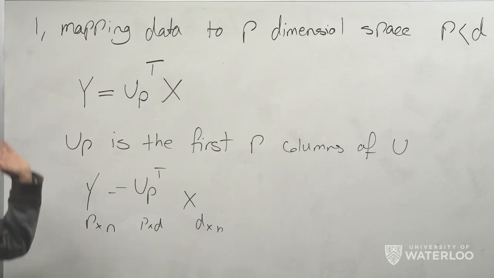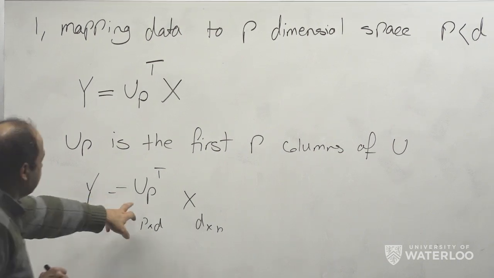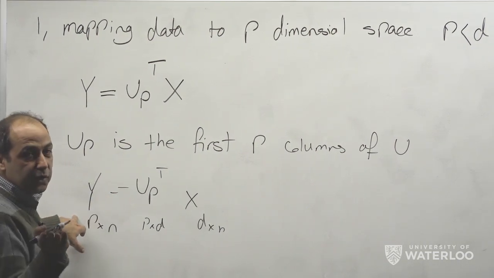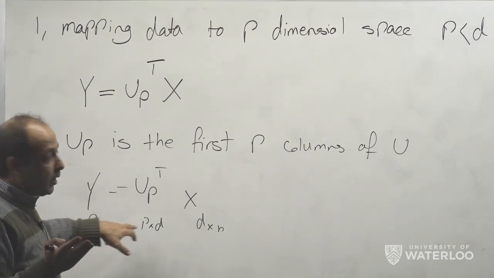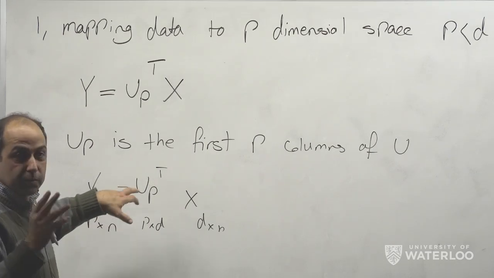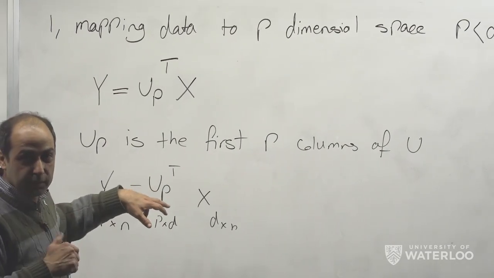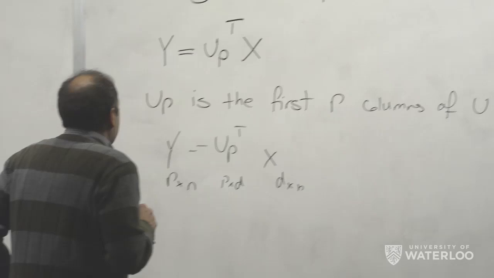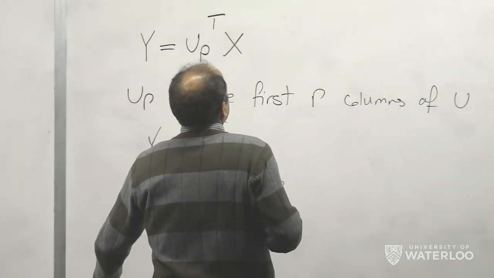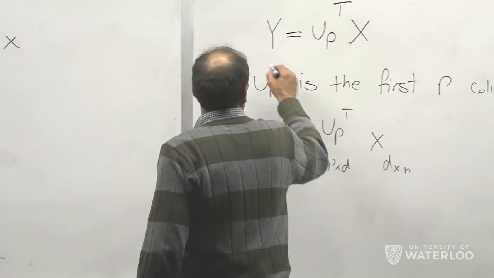So your data will be mapped to p-dimensional space. If it is 1, then it's going to be just projection on the first principal component. But if it's 1 and 2, it's going to be projection on the first two principal components. Okay, that's one thing. You want to map the data to p-dimensional space. That's what you do.